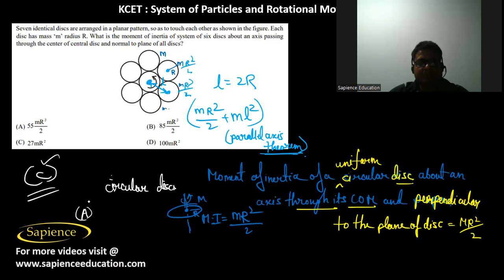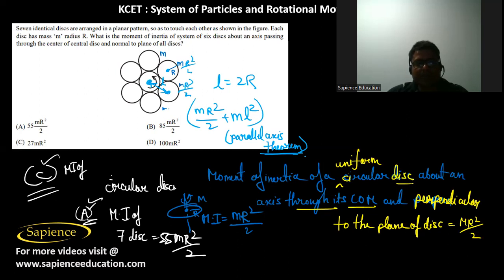So option A will come if it was asked what is the moment of inertia of the system of all the 7 disks, that will be 55 mr square by 2, and the moment of inertia of only the outer 6 disks will be 27 mr square.